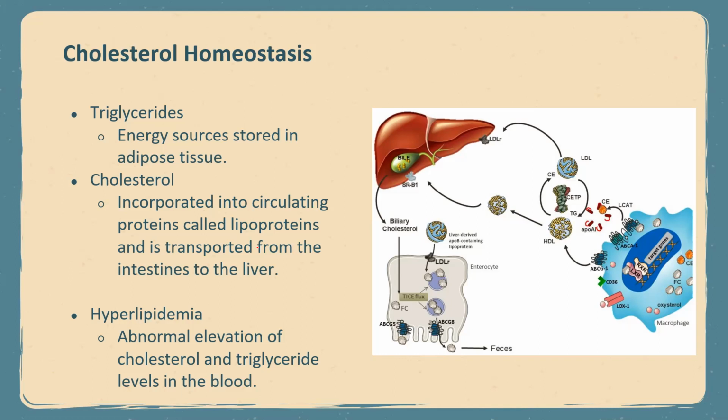So these are the two reasons why people would have hyperlipidemia. Number one, genetic abnormalities, and number two, secondary causes, which include the lifestyle, the intake of drugs, and the underlying diseases of the patient.